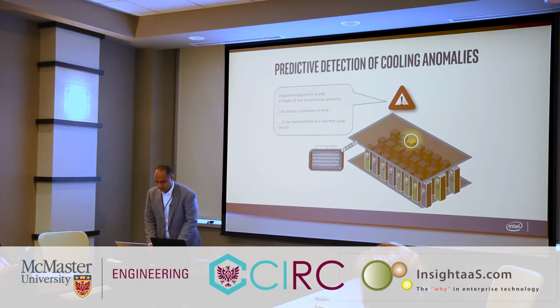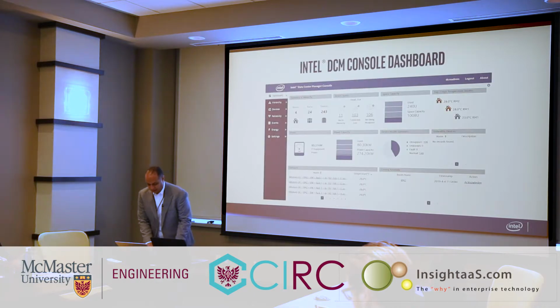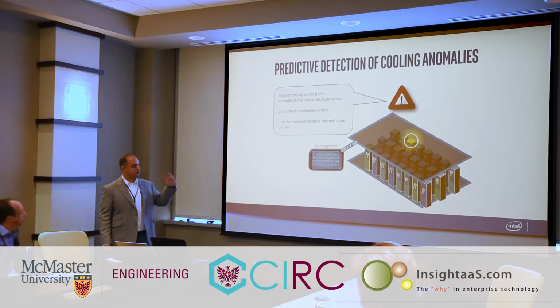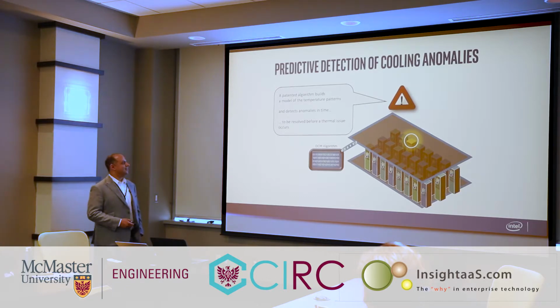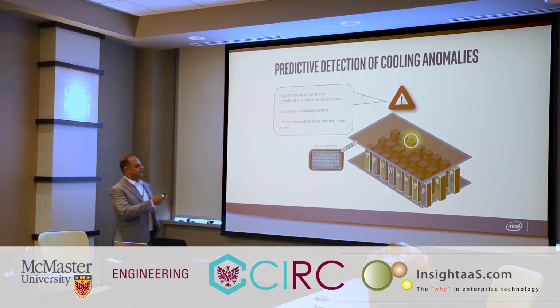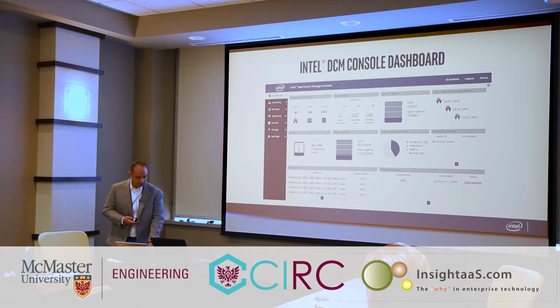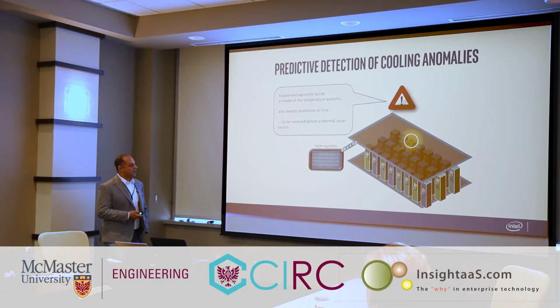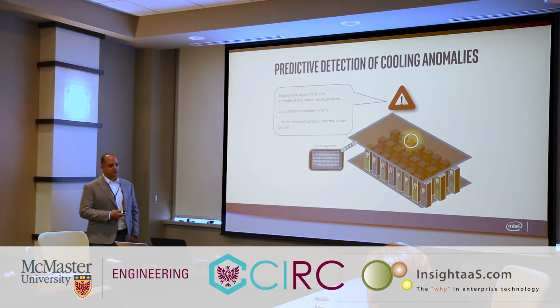Okay, so this is one last marketing kind of slide. Then I'll try to show a demo, but if it doesn't work, I have some screenshots. That's going to be the next best thing. So, talking about predictive detection of cooling anomalies, we talked about this upstairs in the lab. Using each server as kind of a sensor, you can have a much more granular understanding of the thermal footprint of your data center, right?